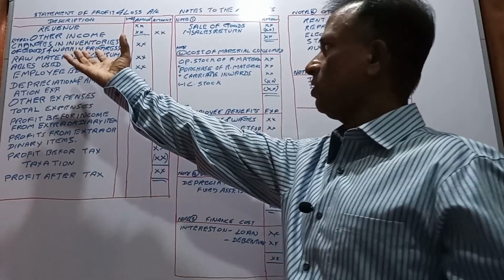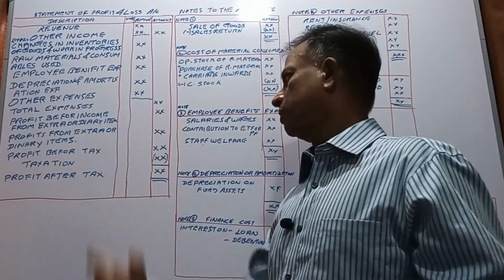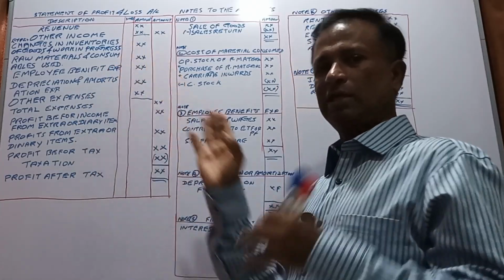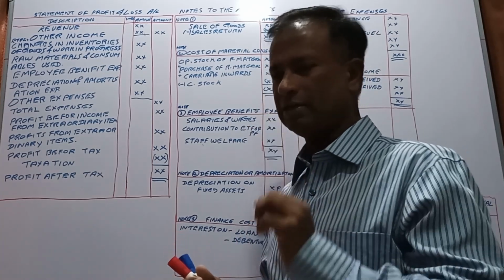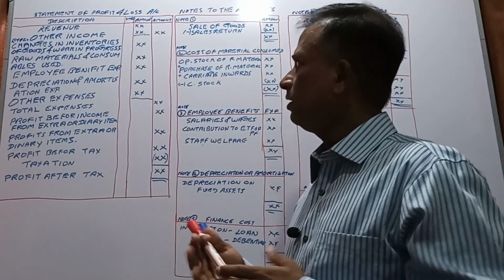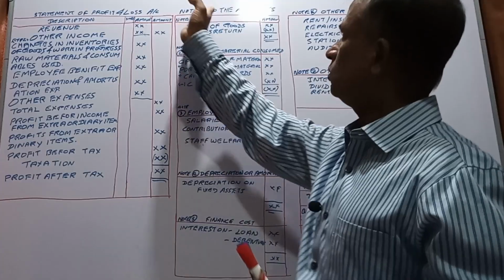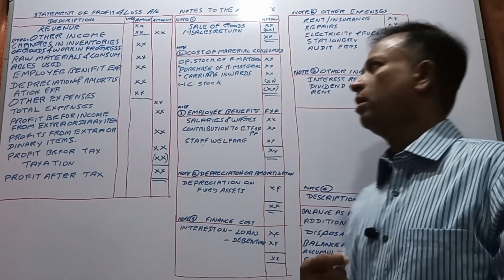This profit and loss account shows a summarized form. If you want to see in detail what has happened and the reason for a decrease or increase, you can go and see the notes to the accounts we prepare.